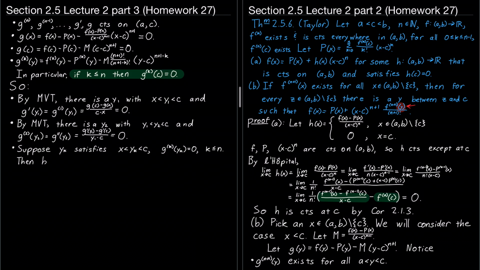Then by the mean value theorem, there is a yk plus 1 between yk and c, which means it's between x and c, and such that if I take k plus 1 derivatives evaluated at yk plus 1, that's the same as taking k derivatives and then taking one more derivative.